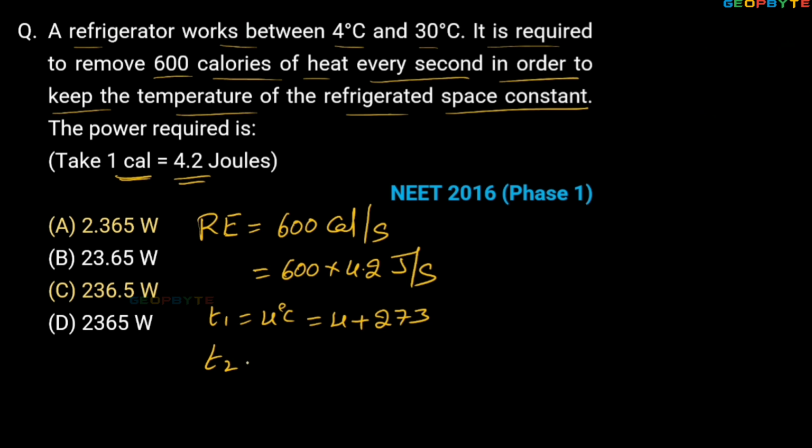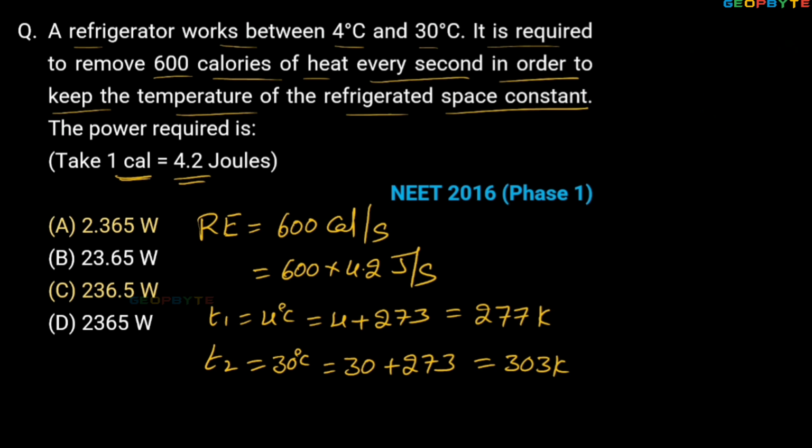And T2, the higher temperature where the heat is rejected, is 30 degrees centigrade, 30 plus 273, which is 303 Kelvin.